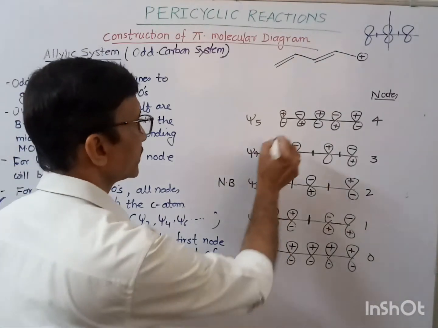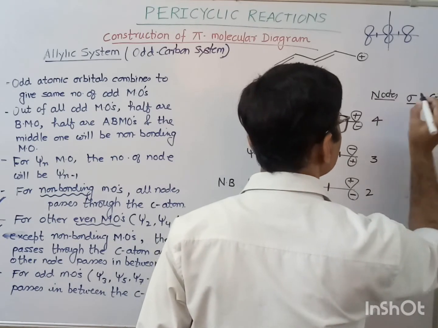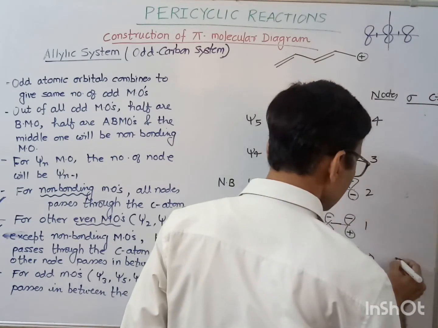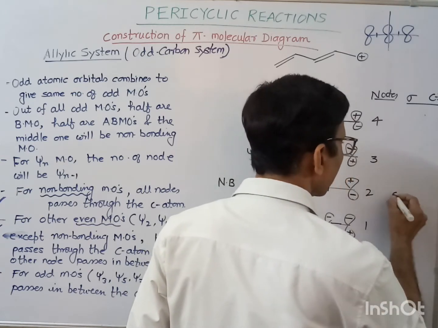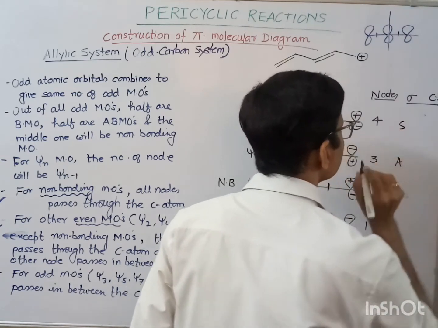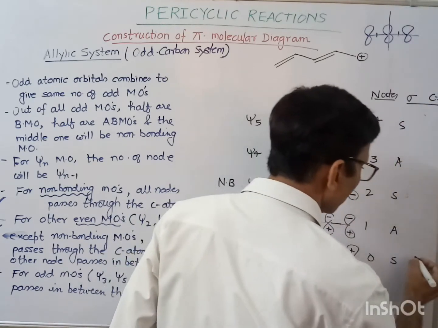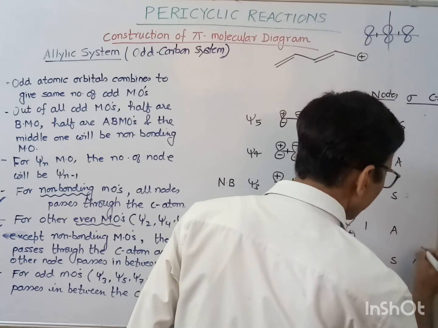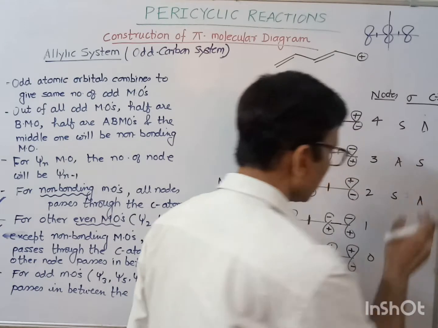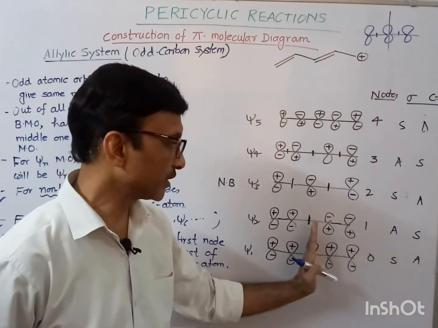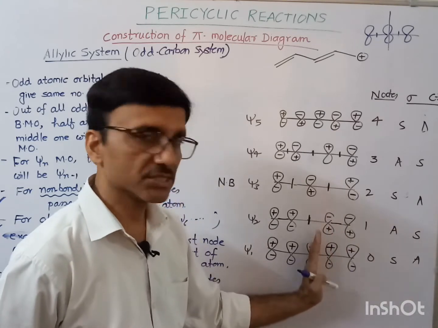And we may also write its symmetry, sigma and C2 symmetry. If you want to write, we can write the sigma. So sigma, this is symmetric: S, A, S, A, S. For C2 you may start with A: A, S, A, S, A. You may check the symmetry by putting the mirror plane over here, or by drawing one of the axes in the middle.